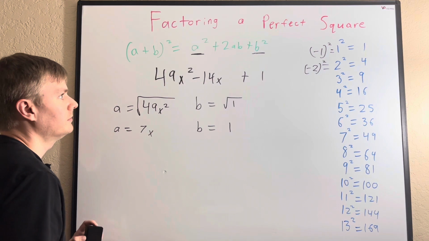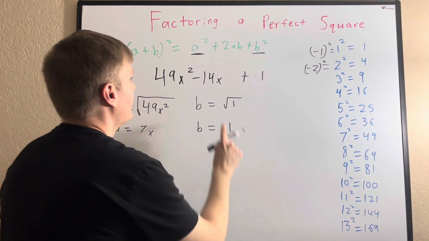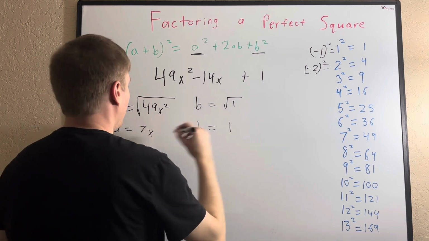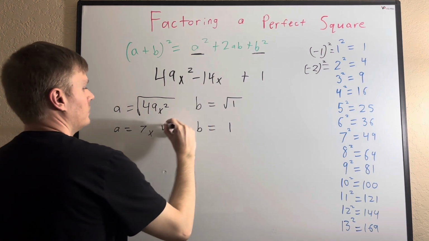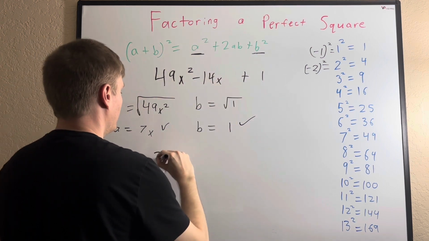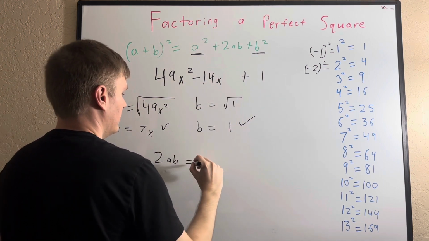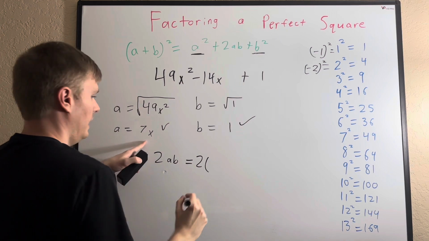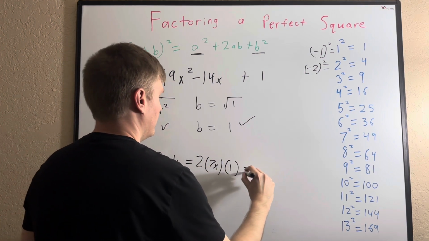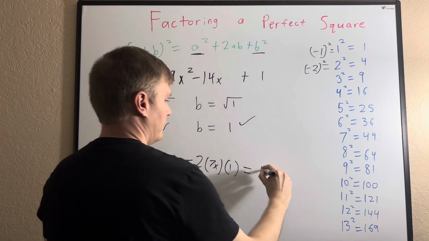That's the standard root. Now, this part in the middle we got to verify. We have A and we have B. Check, check. Now we need to verify that this middle part is 2AB. So 2 times A, which is 7x, times B, which is 1. 2 times 7, 14.